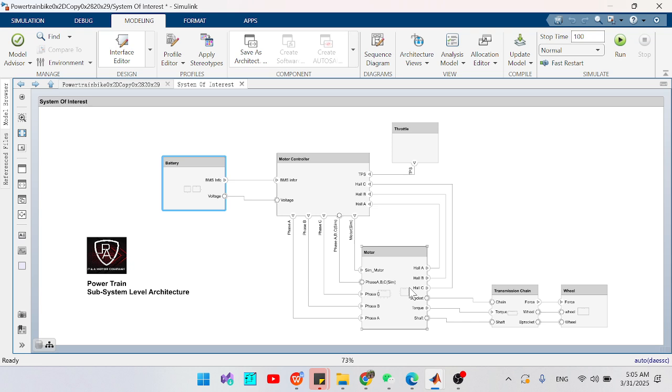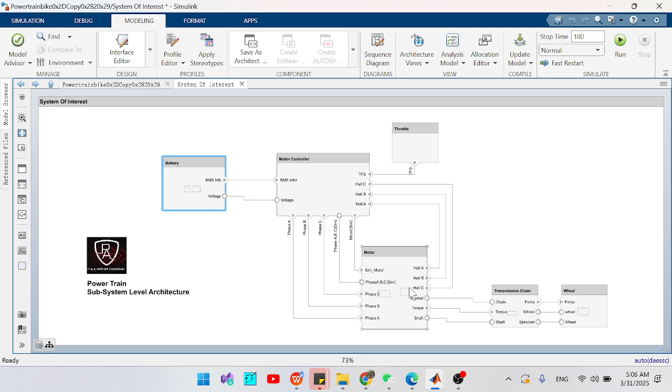System Composer models, which I have explained in my previous video, are basically to add your requirements and to design your interfaces and which component has what requirements, and a lot more things you can check in the System Composer getting started or user guide documents from the MATLAB website. I'm not going to dig into that.